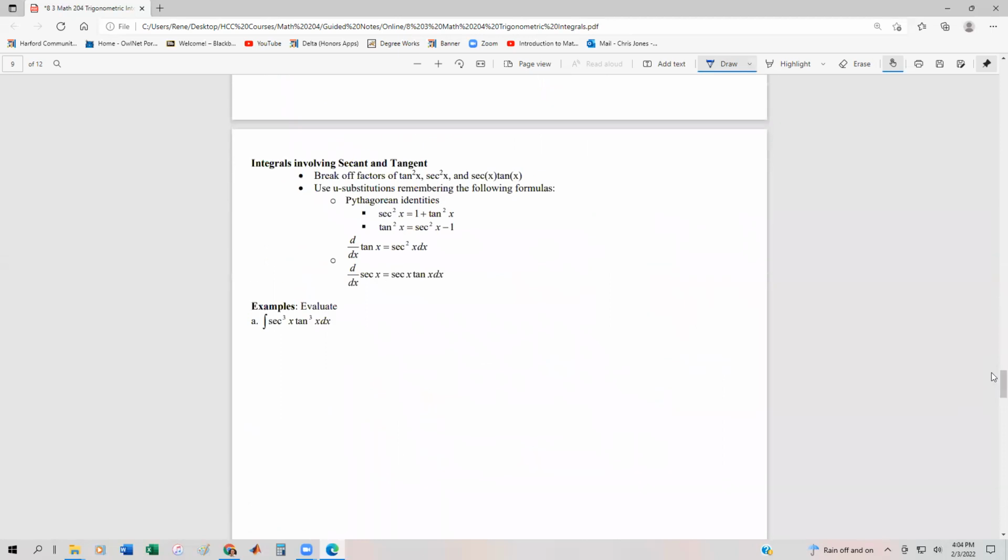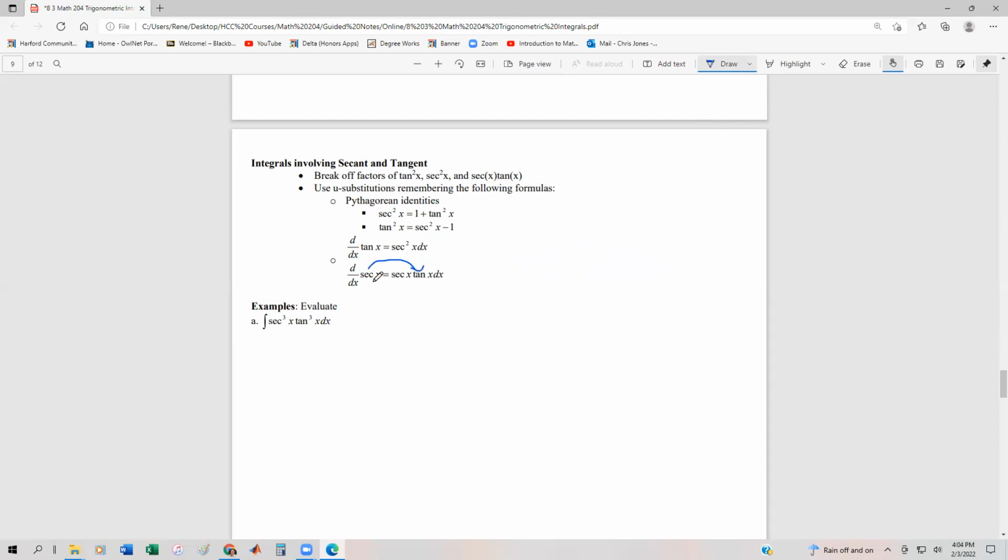Next, we're going to take a look at integrals that involve secant and tangent. Similar to what we did before with sines and cosines, if we have higher powers, we're going to start breaking off factors of tangent squared or secant squared or secant tangent. This is a little bit of a new one, because before we might just break off a sine or a cosine, but it's good to break off pairs of secant tangent, because the derivative of secant is secant tangent.